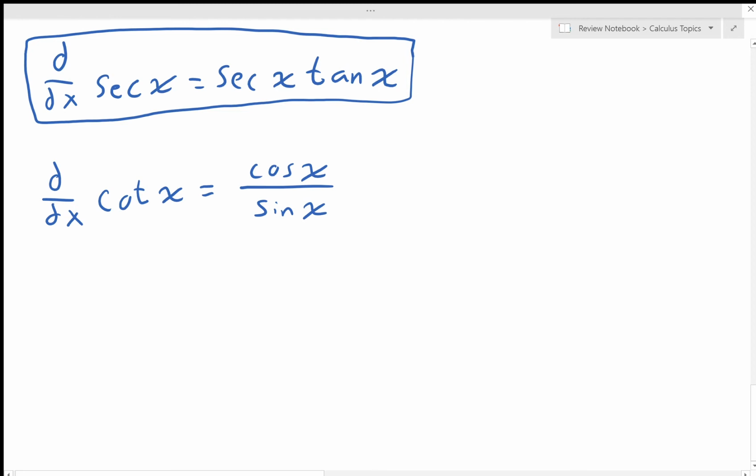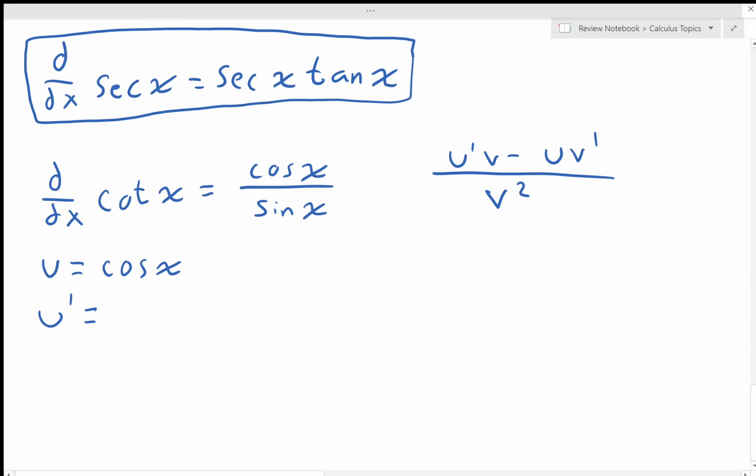So now I'll write the quotient rule, u prime v minus uv prime over v squared. We know u is cosine x. Derivative of cosine x, or u prime, changes sign, so you get negative sine x. V is the denominator, which is sine x. V prime is cosine x.